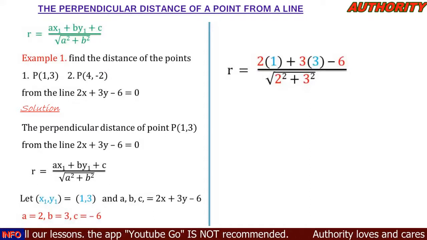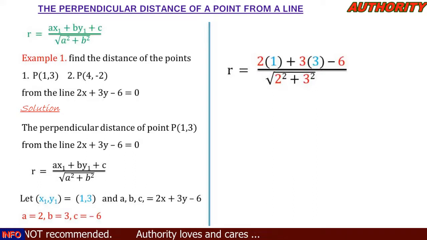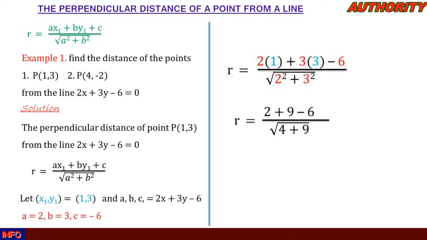When we evaluate the numerator, we have 2 times 1 is 2, plus 3 times 3 is 9, minus 6. So we have 2 plus 9 minus 6 all over the square root of 4 plus 9, and 4 plus 9 is 13, square root of 13.